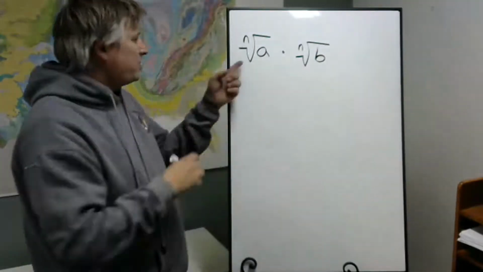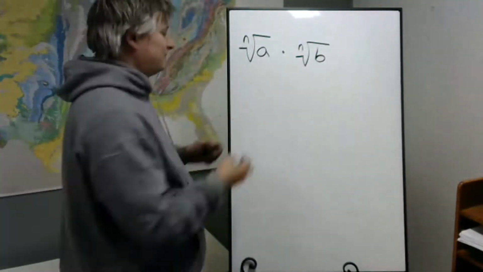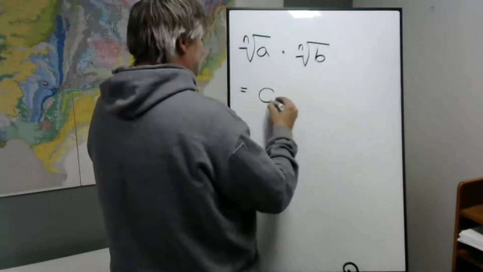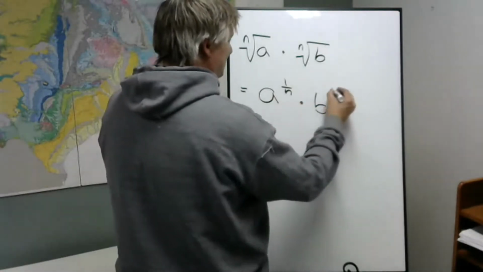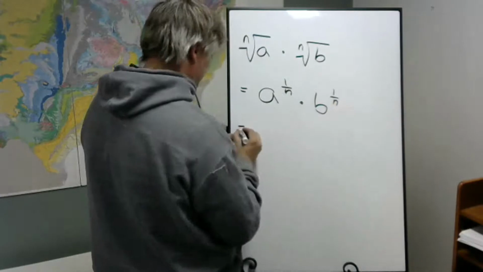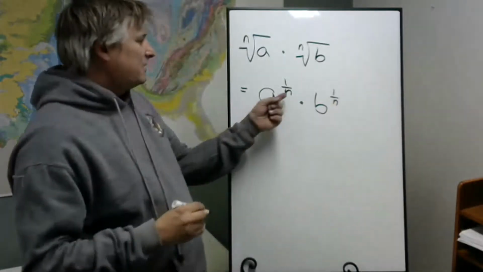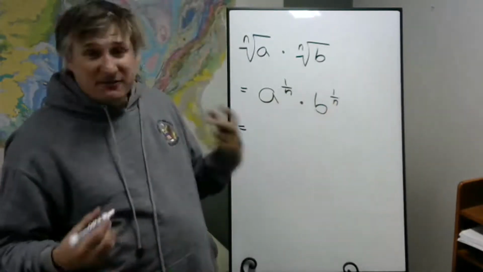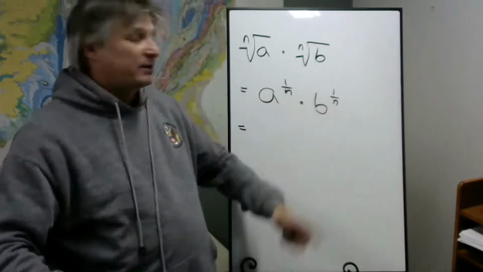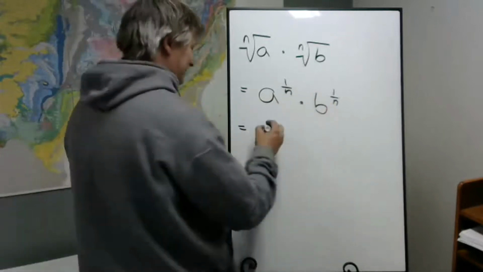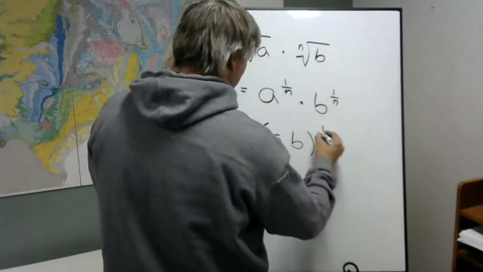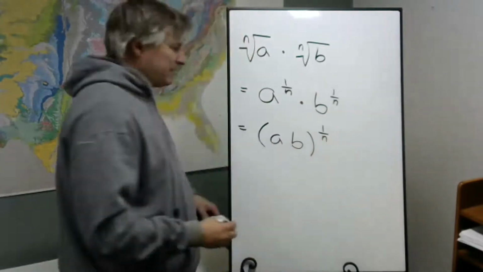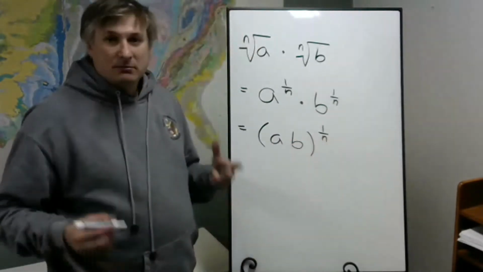Now, recall that we can write this as a root. So we can say this is a to the 1 over n times b to the 1 over n. And then we can extract out, or in a sense, factor out this exponent as an exponent. But then we can now return this to a root.